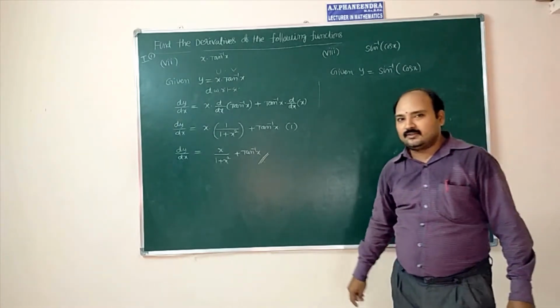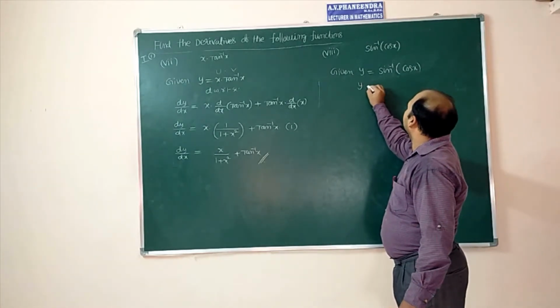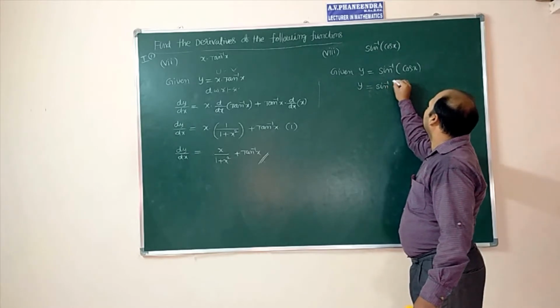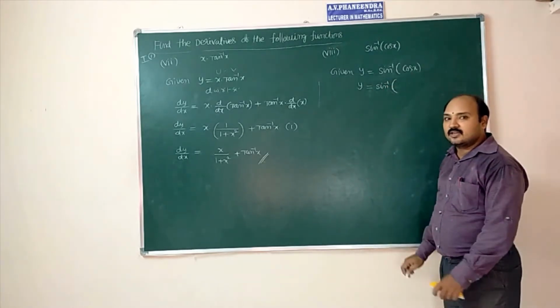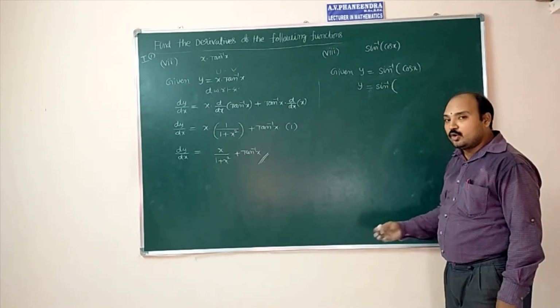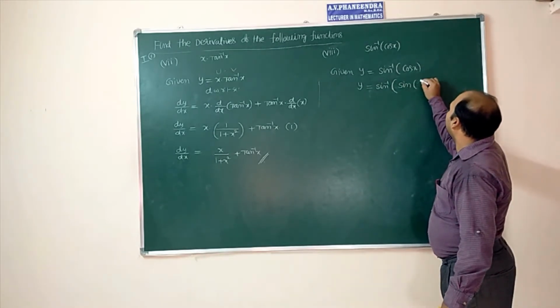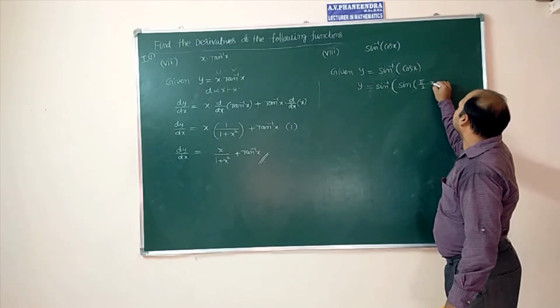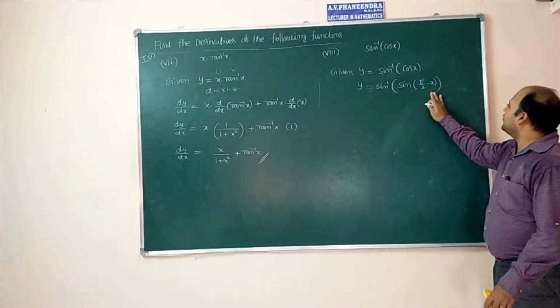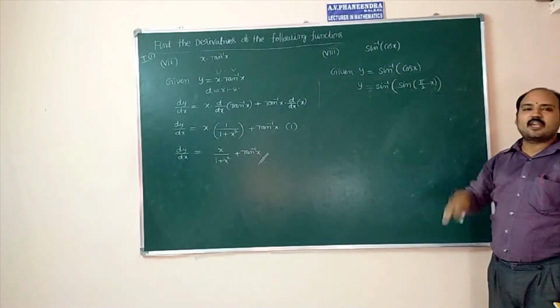Y equals sine inverse of cos x. Cos x can be written as sine of pi by 2 minus x. It is cos x in terms of sine that we wrote.